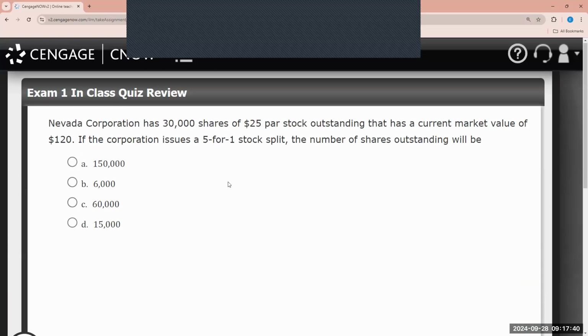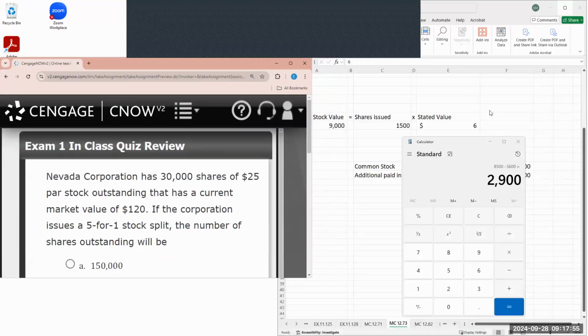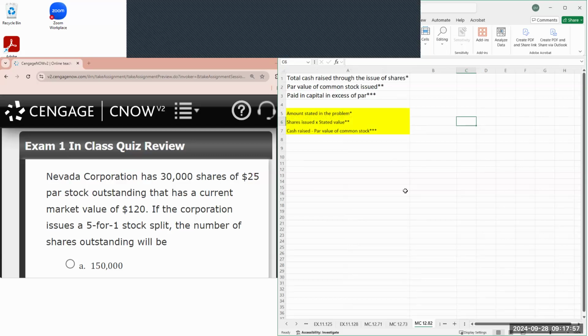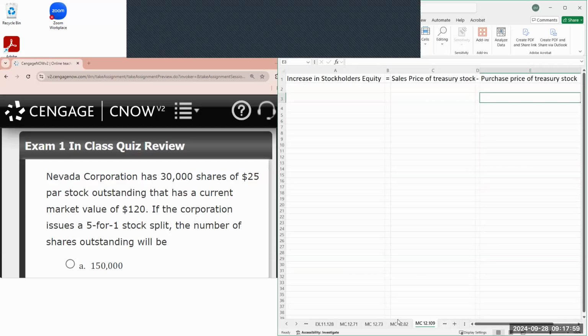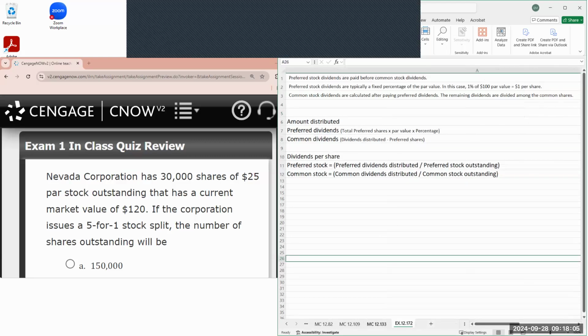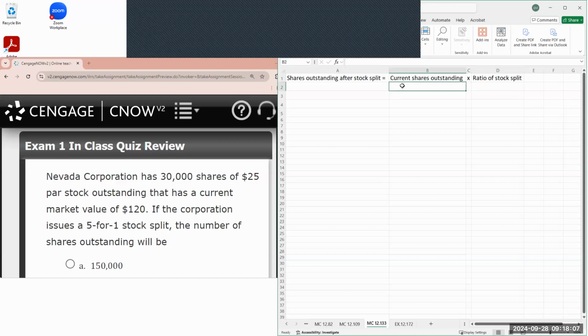Next, we see Nevada Corporation has 30,000 shares of $25 par stock outstanding that has a current market value of $120. If the corporation issues a 5-for-1 stock split, the number of shares outstanding will be. So based on this information, the current shares outstanding are 30,000.